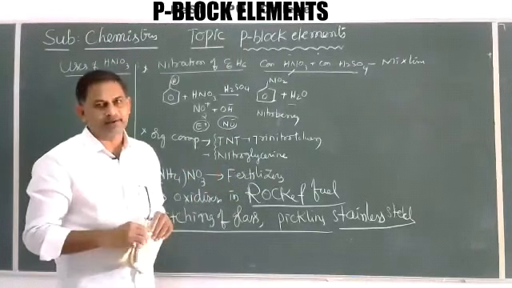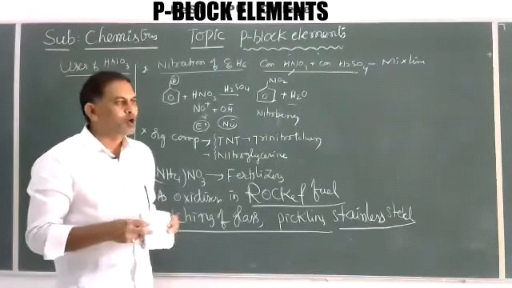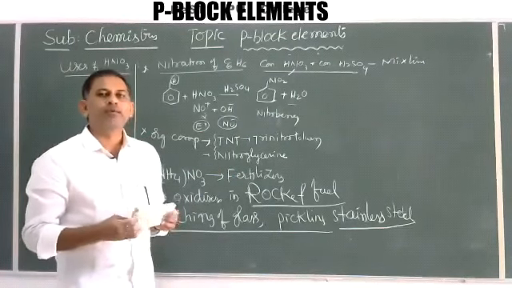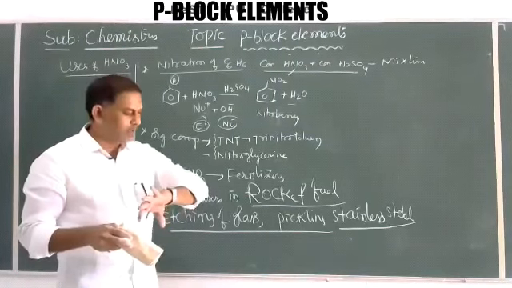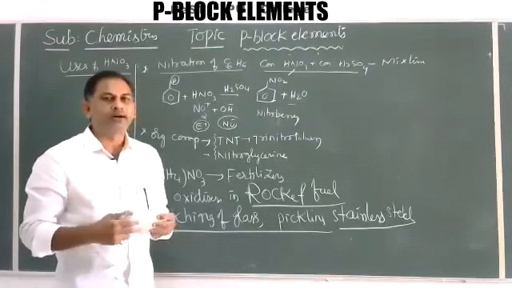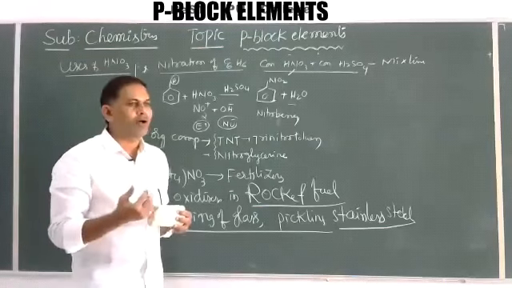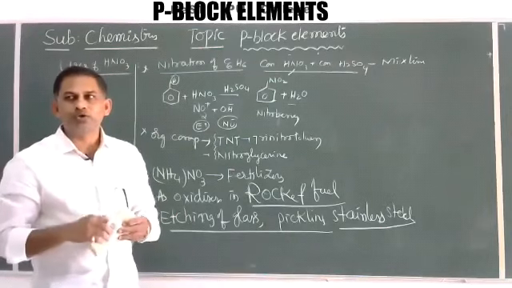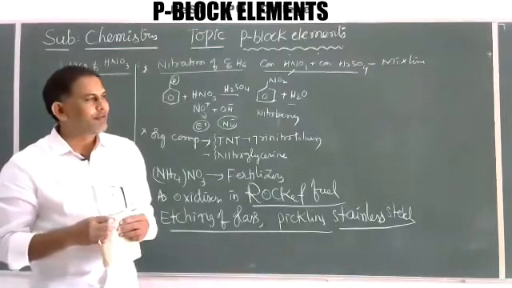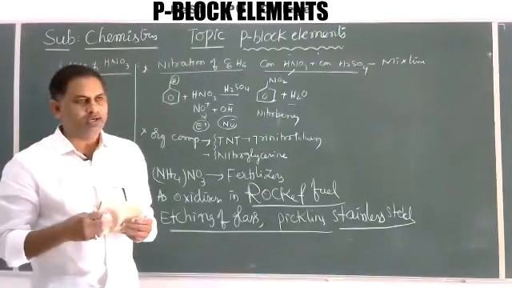About nitrogen clear. Then the next topic is phosphorus. Today I'll start phosphorus. Remaining 10 minutes time is there. I'll introduce phosphorus, and I'll complete one of the most important compounds of phosphorus. One more class I want to complete this 15th group elements in the P block.